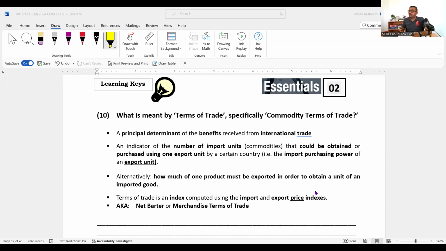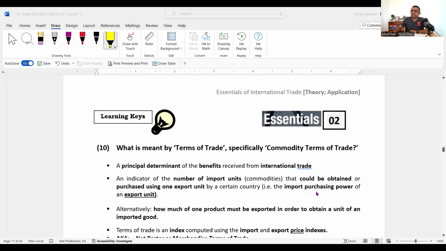Right. Question 10. What is meant by terms of trade? Specifically, commodity terms of trade. There are two terms of trade concepts in your syllabus that we have to learn: commodity terms of trade and income terms of trade. So if I just explain that distinction first.